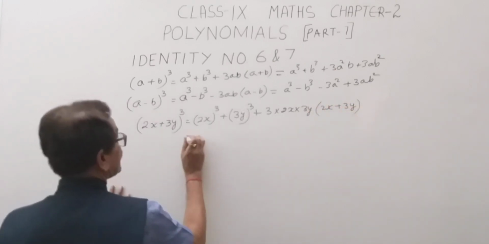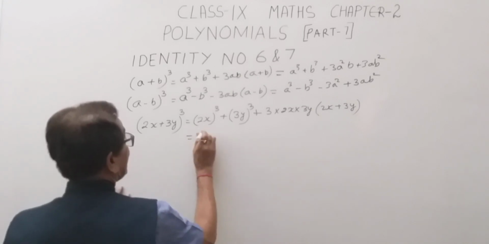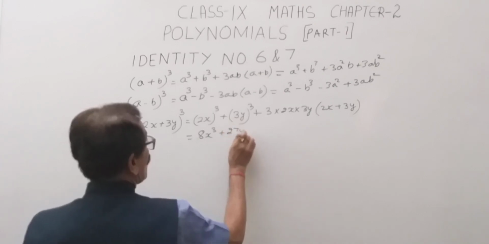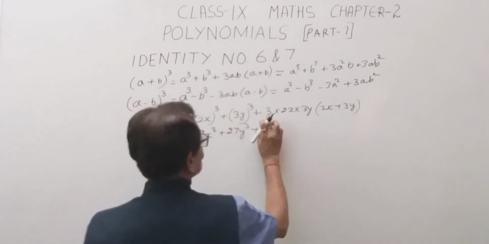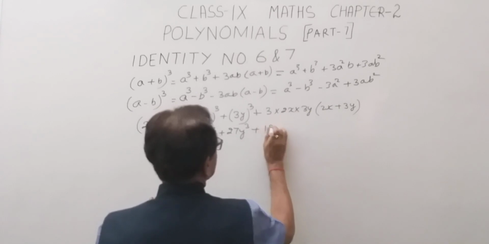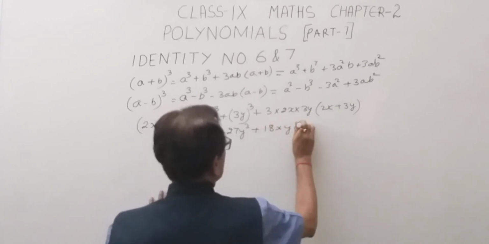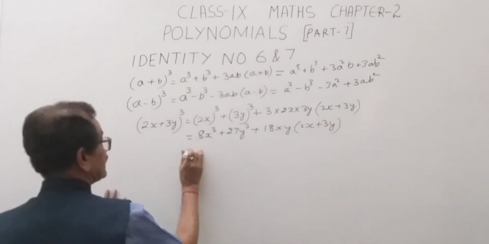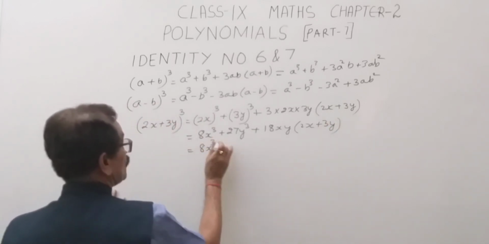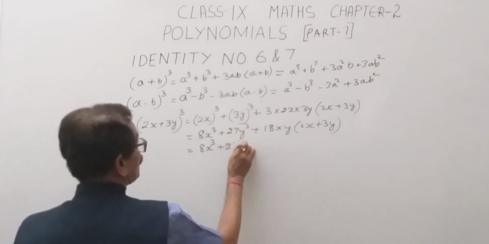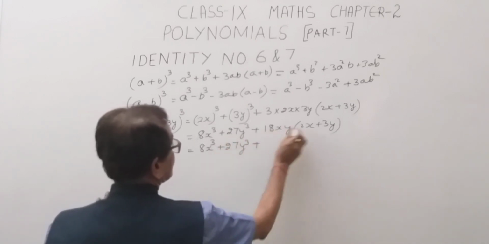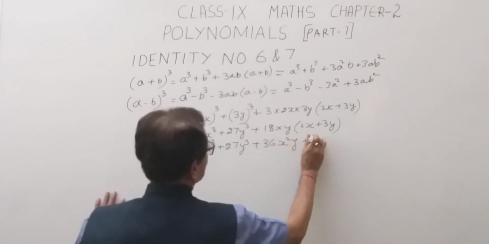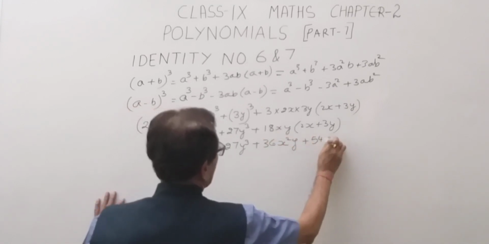To expand, we get 8x cube plus 27y cube plus, 2 threes are 6, 3 sixes are 18, 2xy bracket 2x plus 3y. And then we will open this bracket to get 8x cube plus 27y cube plus 36x square y plus 54xy square.